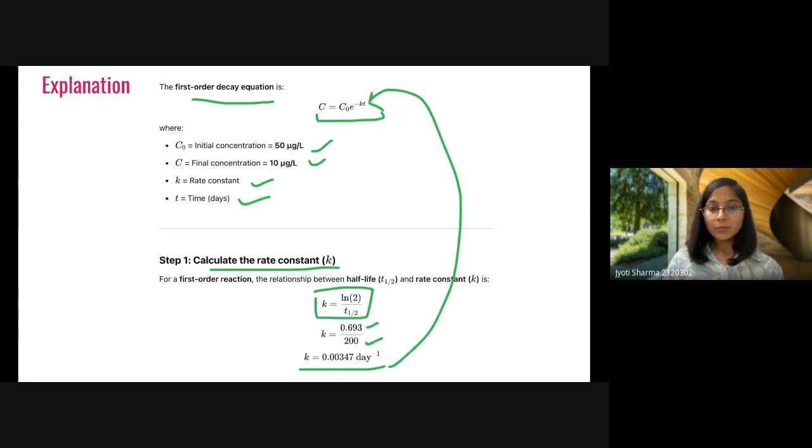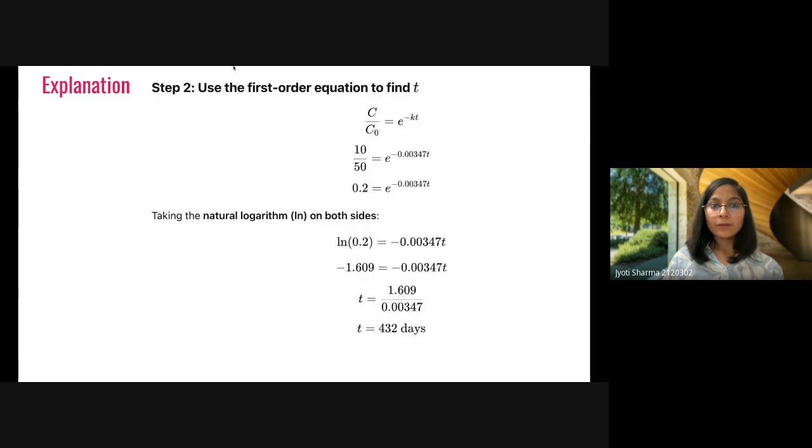So if we put this, then what will we get? C upon C node is equal to e raised to the power minus kt. C is equal to 10, C node is equal to 50, and this is how we will calculate this. 0.2 is equal to e raised to the power minus 0.00347 into t.